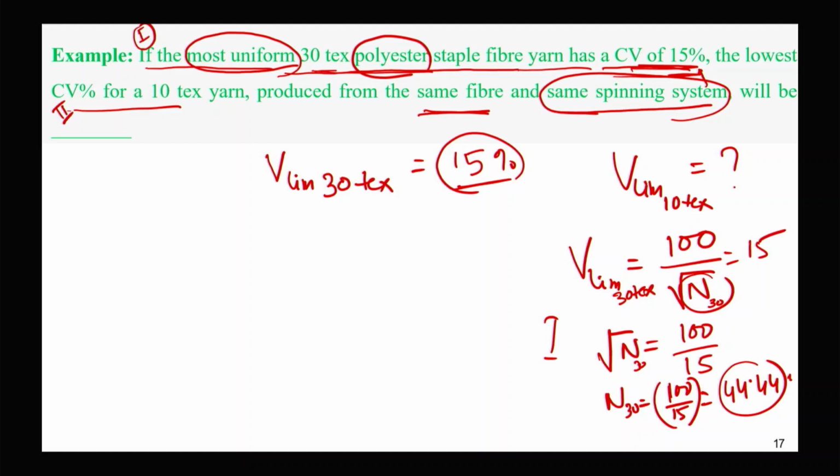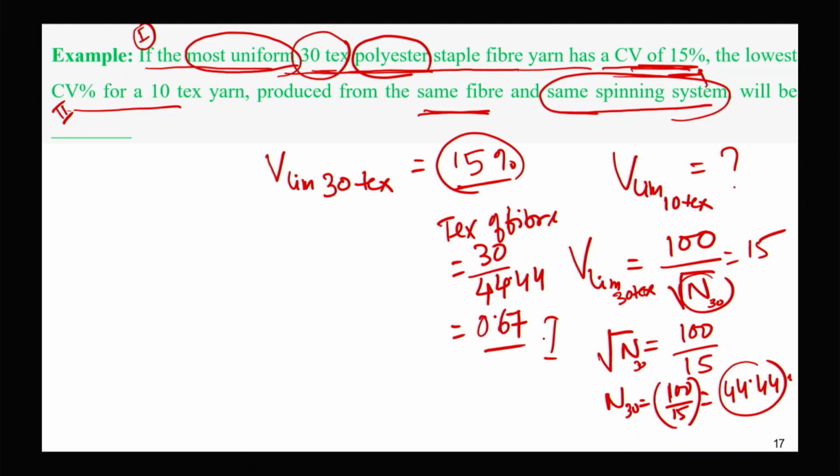And we know the 30 tex yarn, so per fiber the tex will be 30 by 44.44, which is 0.67. This is the tex of the fiber. The same fiber is being used.